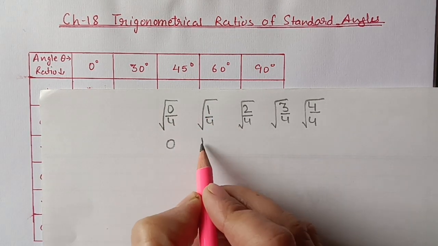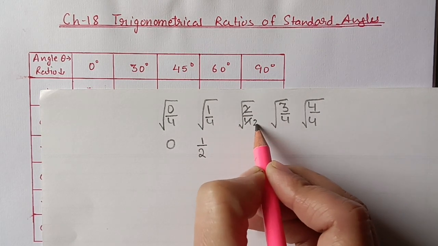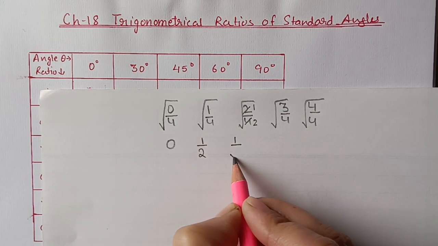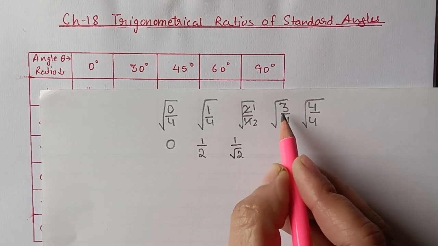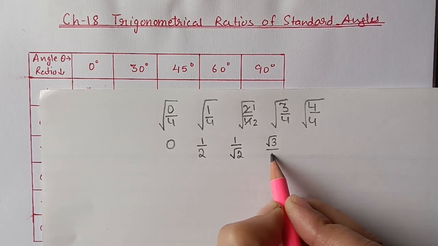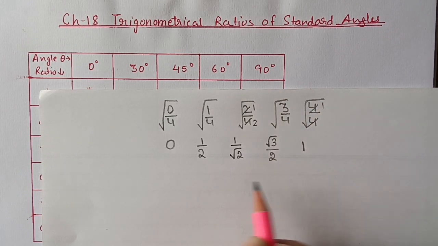Square root of 1 is 1 and square root of 4 is 2. You can cancel out here. Up you have 1, square root of 1 is 1, and root 2. Square root of 3 is root 3 and square root of 4 is 2. 4 by 4 you can cancel, and here 1.